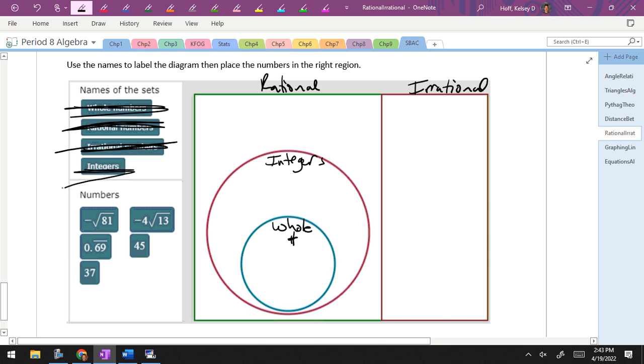Write those numbers in the correct category. Place all of them in there, all 5 of them.